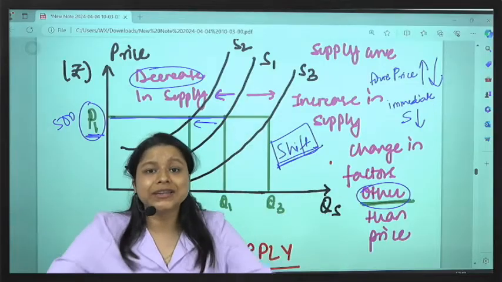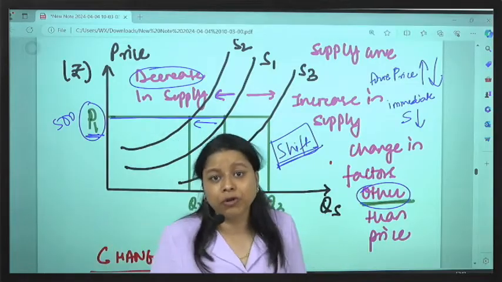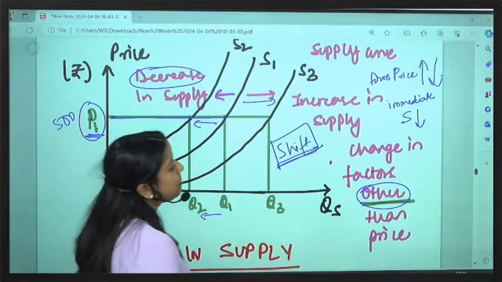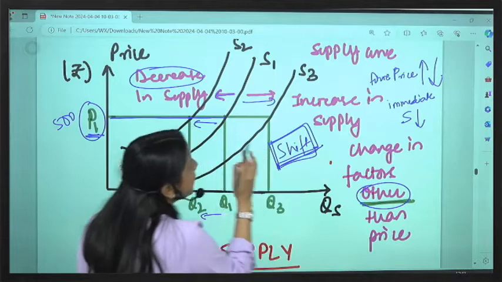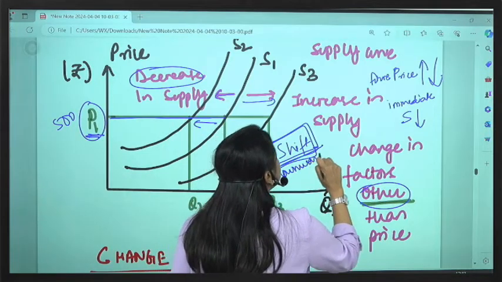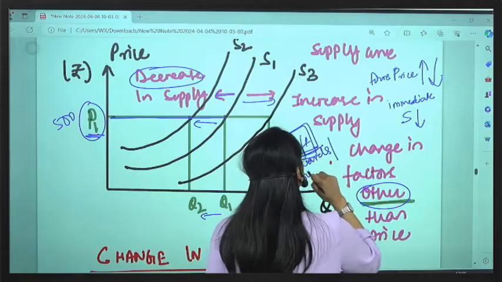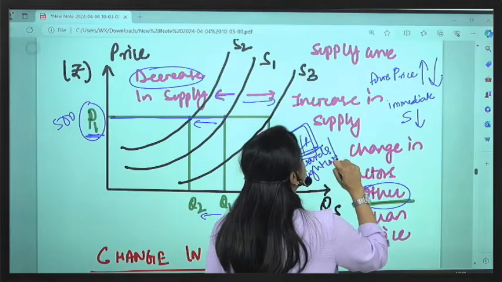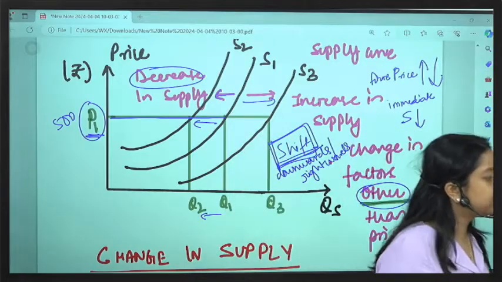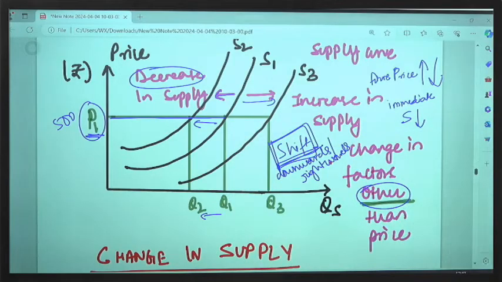Why will I sell at a lower price and make less profit or a loss? So I will increase the supply, and there is a shift in the supply curve. You call it either downwards or rightwards. Clear? Just have a look.